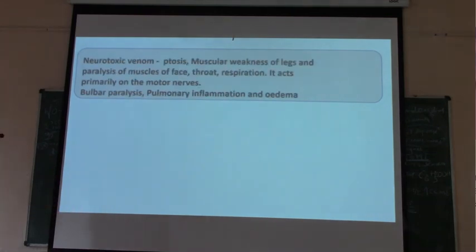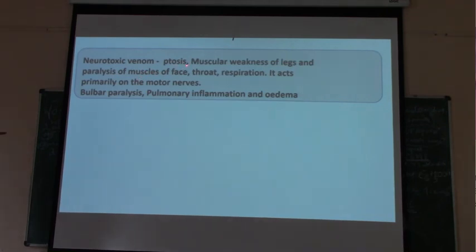So a neurotoxin, from the information I have taken from Wikipedia or Google, mainly causes ptosis, muscular weakness of legs, paralysis of the muscles of face, throat, respiration. Now this is the main reason: it acts primarily on the motor nerves. Bulbar paralysis.